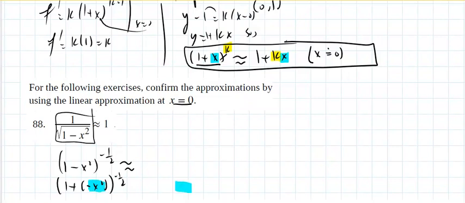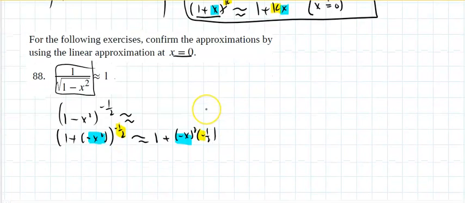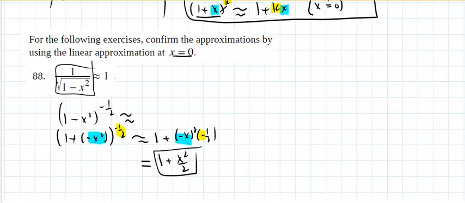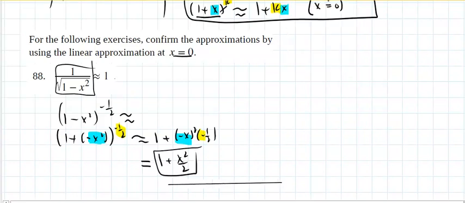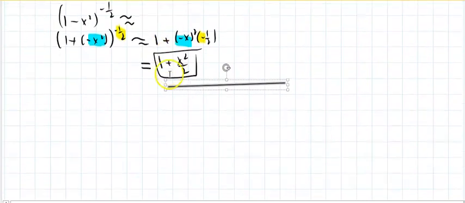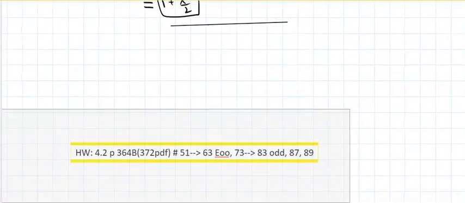What's taking the place of k? So this is roughly 1 plus a negative x squared multiplied by k. So the linear approximation of this is roughly 1 plus x squared divided by 2. And that's pretty much it for this section.